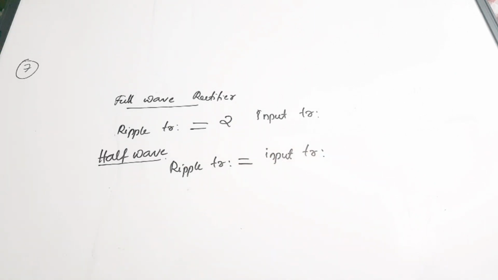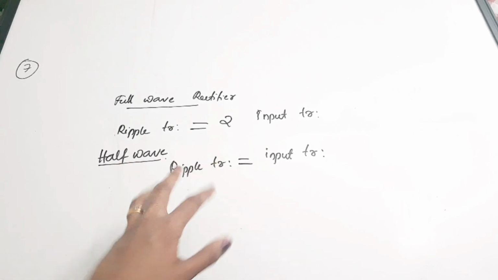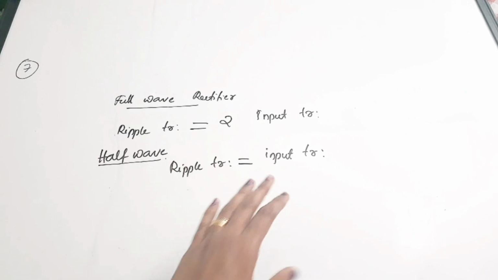Okay. So for a full wave rectifier, if your input frequency is 50, then your ripple frequency will be twice of it. That is 2 into 50, which is 100 Hz. Whereas if this is a half wave rectifier, then the ripple frequency will be exactly the same as your input frequency.